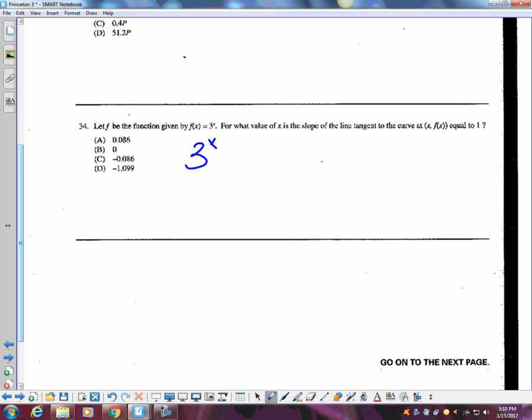Okay, so take the derivative, 3 to the x times 1 times ln of 3, and set that equal to 1. Okay, so I got to solve for x. Can I divide by ln of 3? I mean, because that's a constant, right?